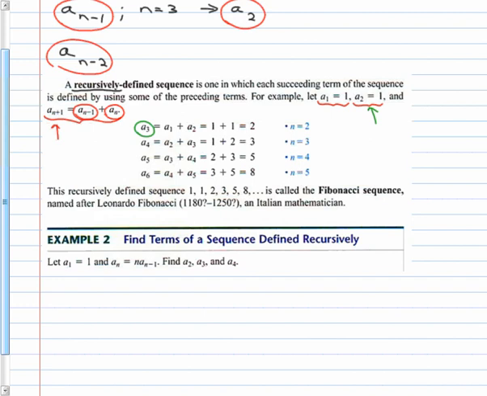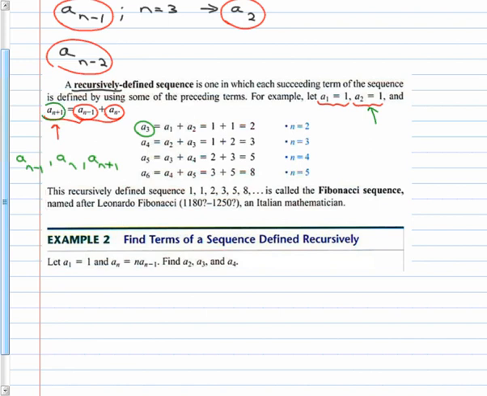Let me write these in order for a minute. Let me do a sub n right here in the middle. The next term would be a sub n plus 1. The term right before it would be a sub n minus 1. So if you can kind of get the general idea of what these notations mean.